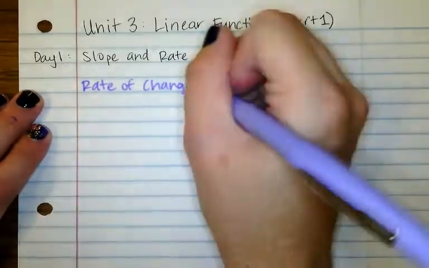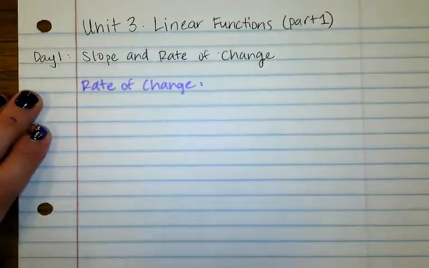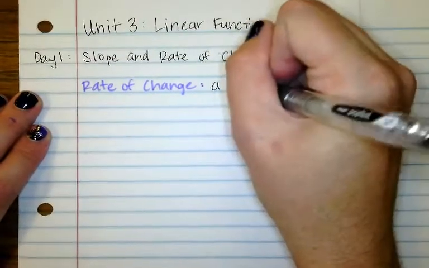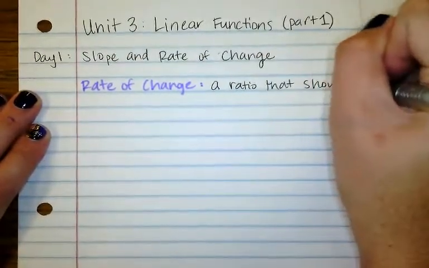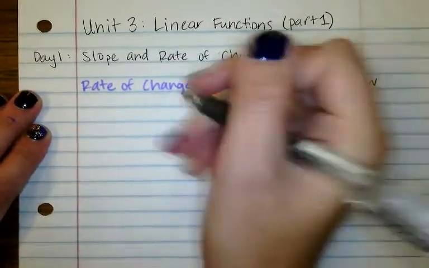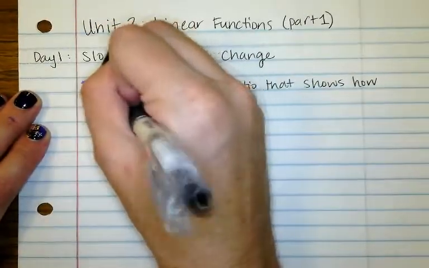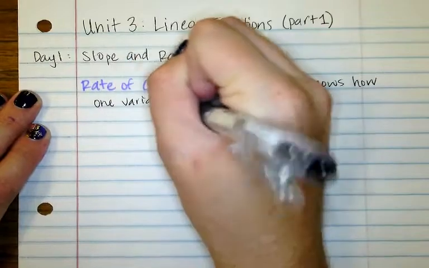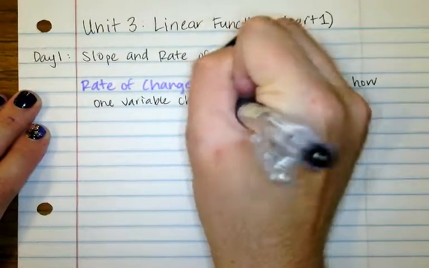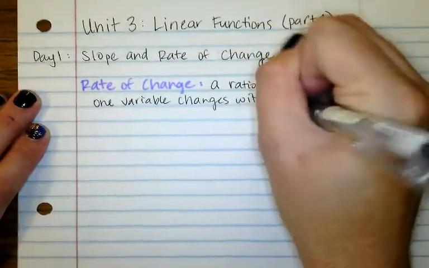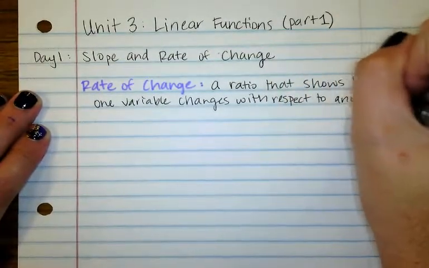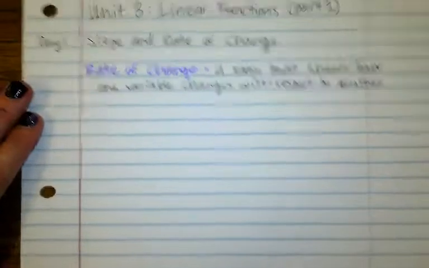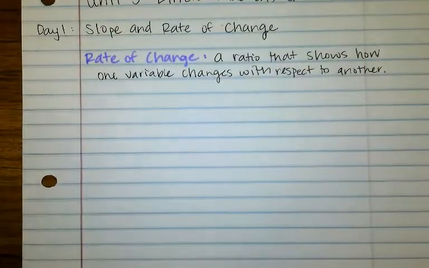Your rate of change is a ratio that shows how one variable changes with respect to another. Okay? So it's all about a variable that changes in respect to another.